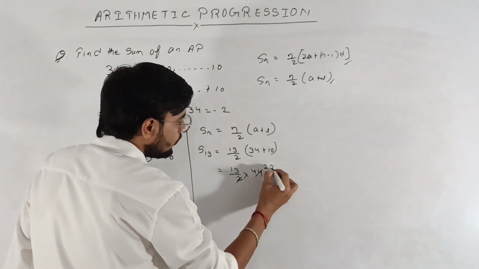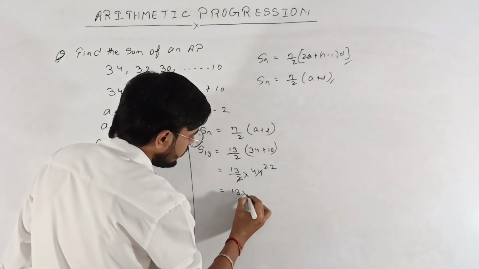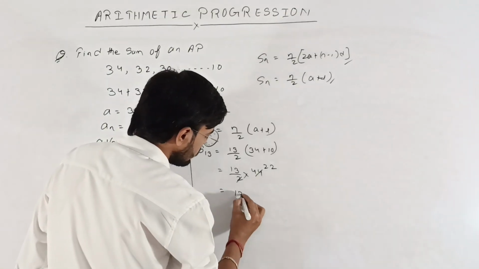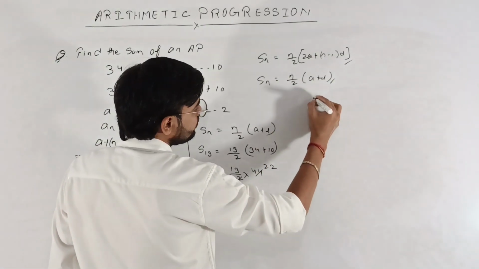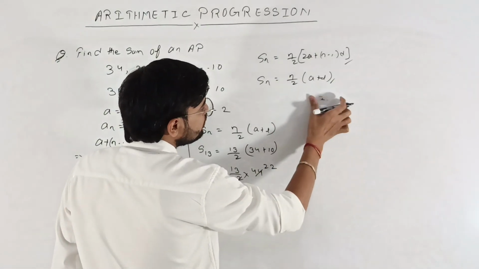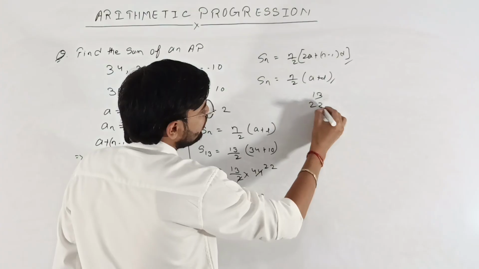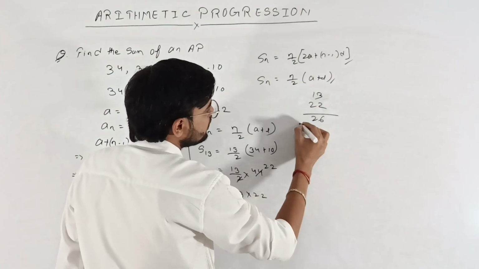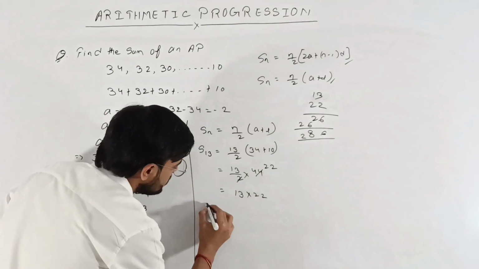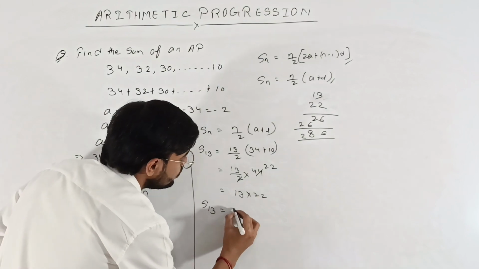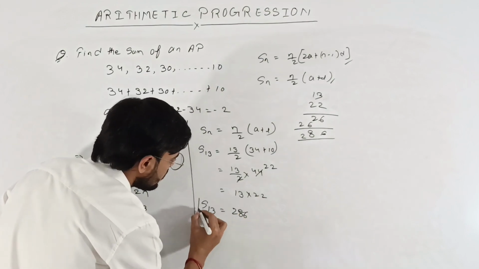This is cancelled by 2, up to 22 times. Now 13 into 22. Now multiply this: 13 and 22. 13 times 2 is 26, 26, 6, 8, 2. So S_13 is equal to 286.